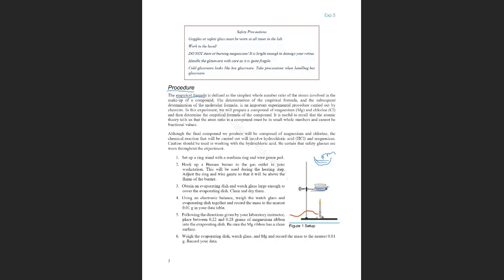So let me erase this. So you are going to have an evaporating dish, and a piece of magnesium metal, and you are going to cover this with what is called a watch glass.